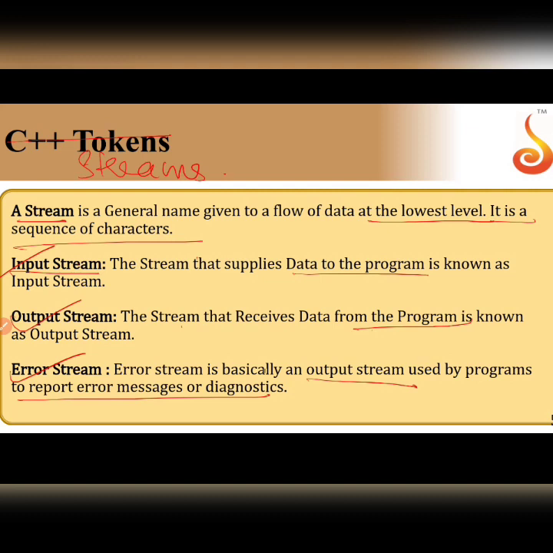The input stream supplies data to the program. The stream that receives data from the program is known as an output stream.